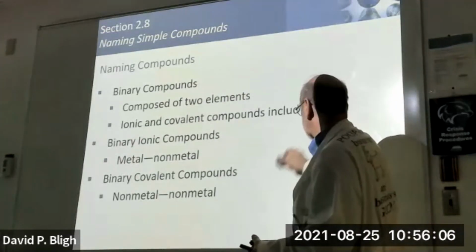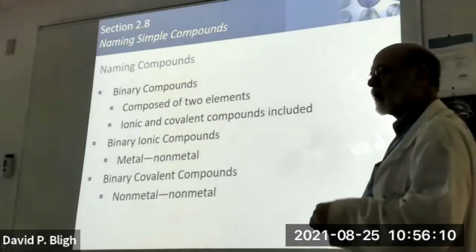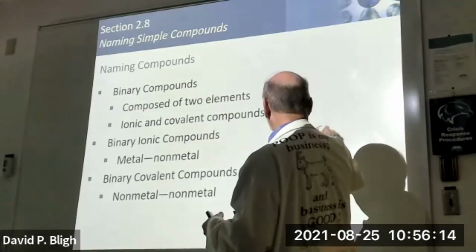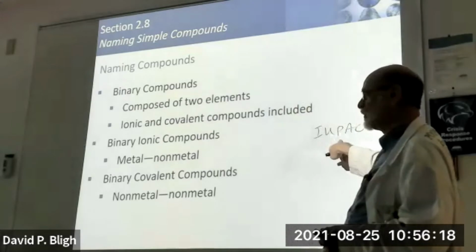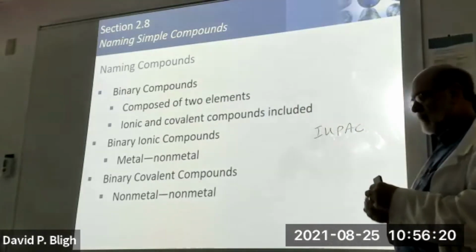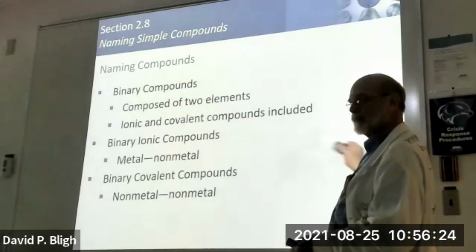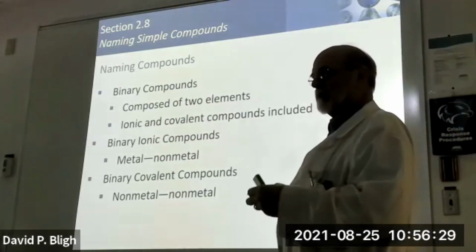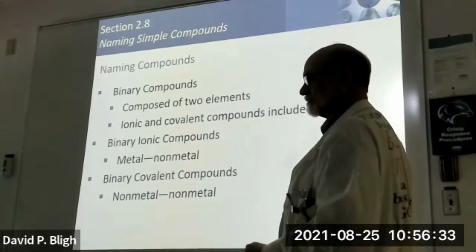All right. The convention we're going to start off with is the simplest, but all compound naming is controlled by the International Union of Pure and Applied Chemistry, or some subcommittee of that group that names compounds. This is called the binary method. So we name compounds as if there are only two parts to them.